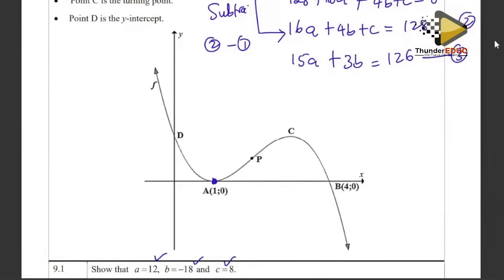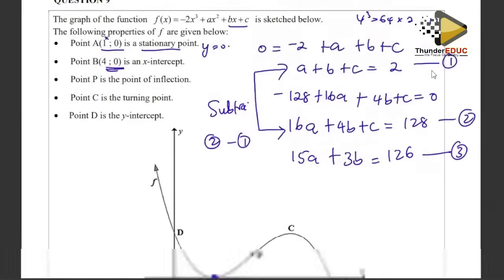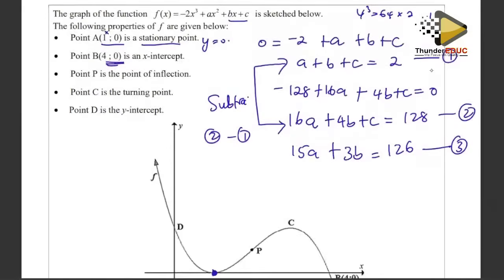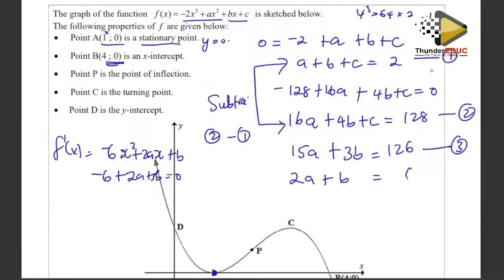Then I'll show you that other approach, maybe that's how the 3 marks would come about. Let me find the derivative of that, which is going to be negative 6x squared plus 2ax plus b. Then replace x with 1, meaning that negative 6 plus 2a plus b is 0. So in other words, we have 2a plus b is equal to 6.